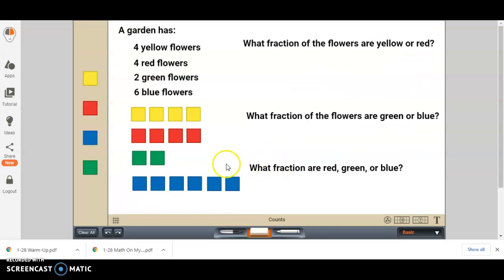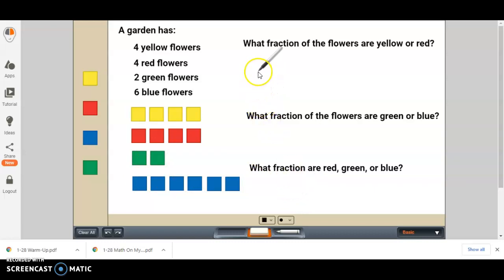Now for our final work. A garden has 4 yellow flowers, 4 red flowers, 2 green flowers, 6 blue flowers. So the question is, what fraction of the flowers are yellow or red? Well, first off, how many flowers make up our entire garden? So counting, we have 1, 2, 3, 4, 5, 6, 7, 8, 9, 10, 11, 12, 13, 14, 15, 16.